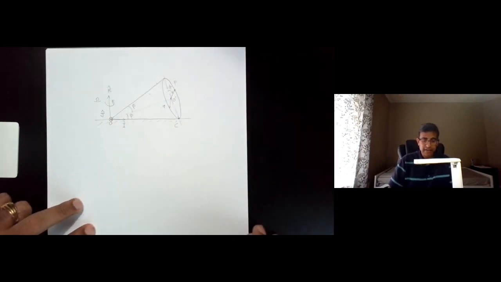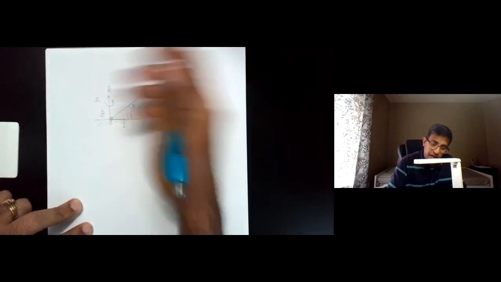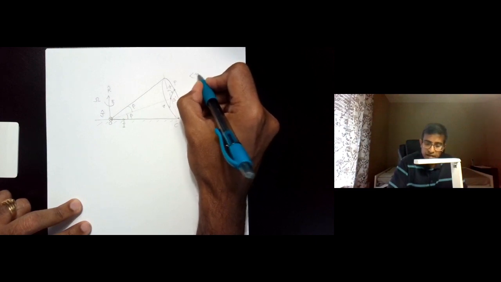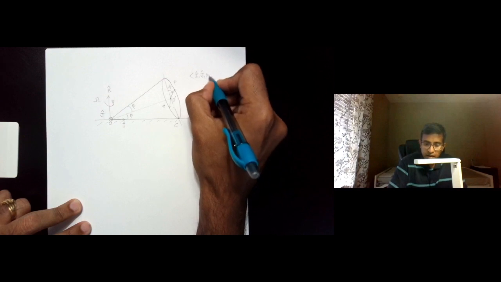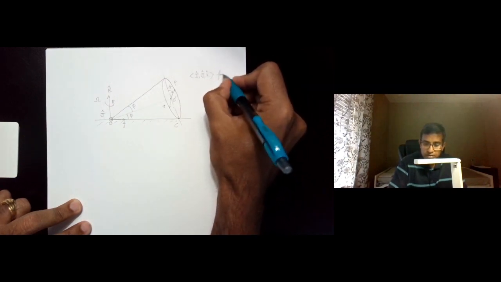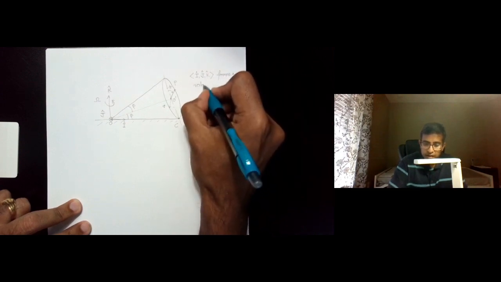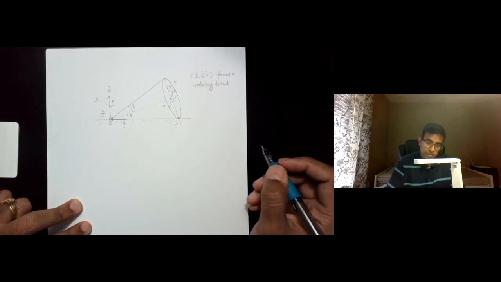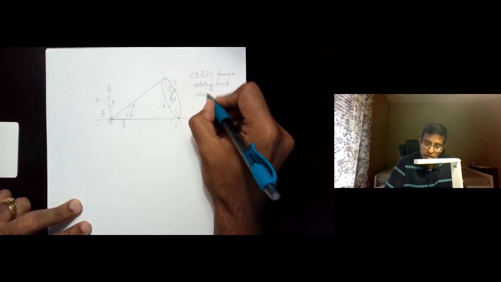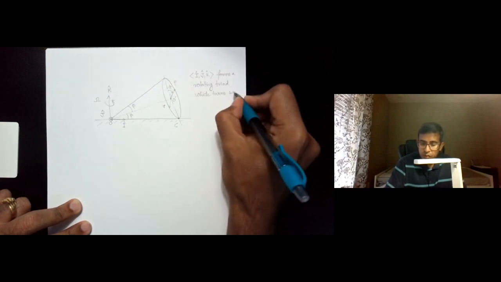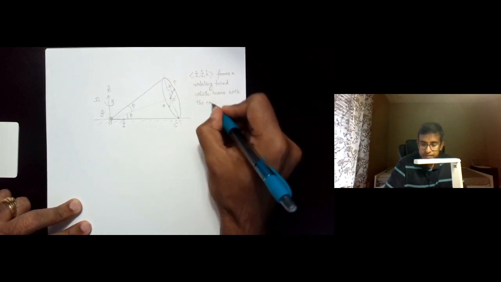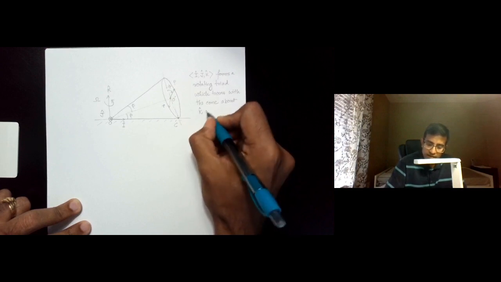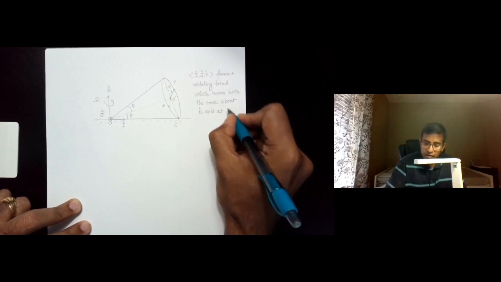Okay, so this is a triad, as you can see, and essentially we will say that I, J, K forms a rotating triad which turns with the cone about the k axis at the angular speed of omega.